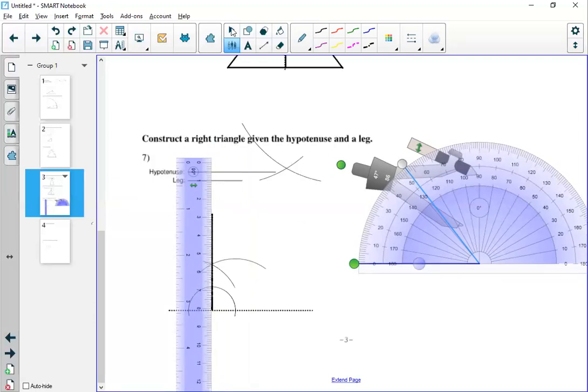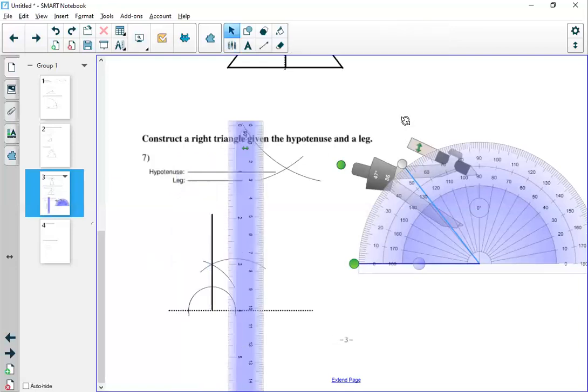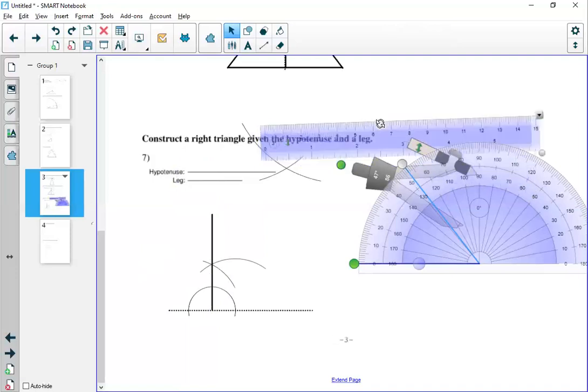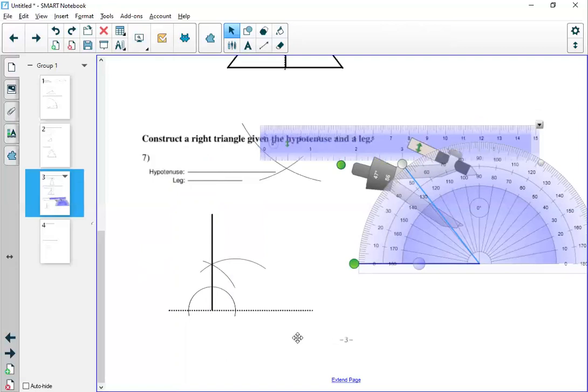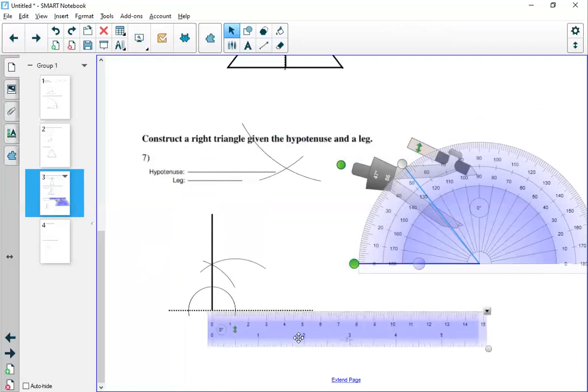Okay, so next I can now measure the length of this base, that is the leg. I'll measure it as 3 centimeters. I can now draw a continuous straight line of length 3 centimeters. So from here, 3 centimeters is somewhere at this point.